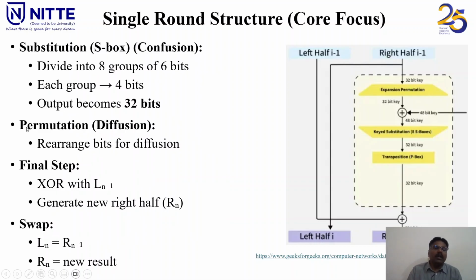Afterwards, we divide it into 8 groups of 6 bits, and each group is converted into 4 bits, so the output becomes 32 bits. Then we perform the permutation for diffusion, rearranging the bits. In the final step, the right side is XORed with the left-hand side to generate a new right half. Then we perform the swap.